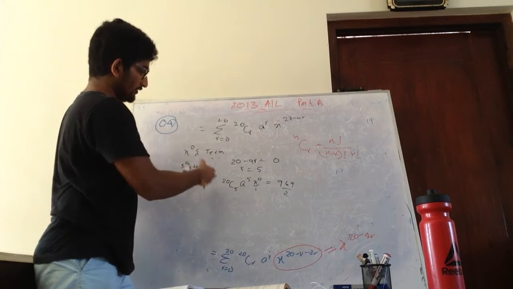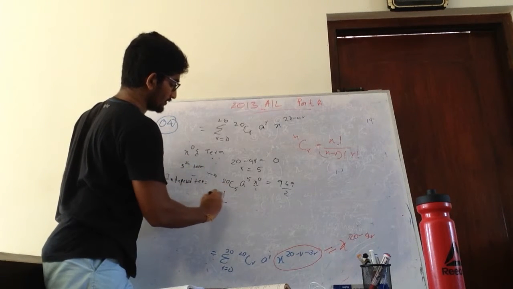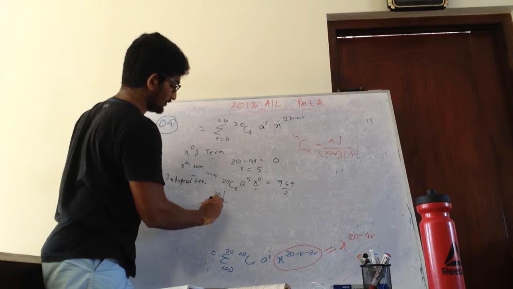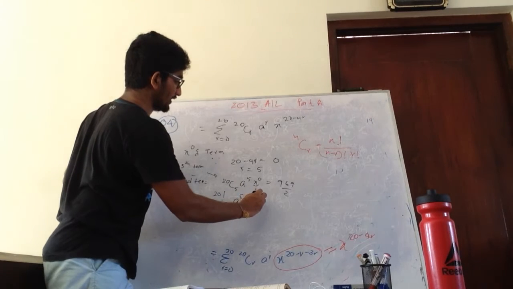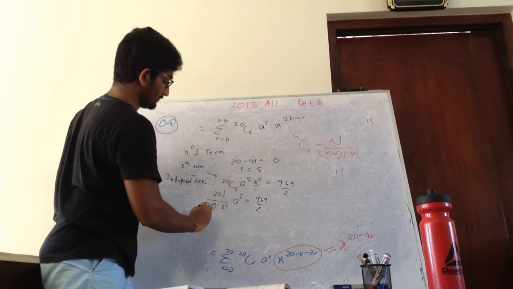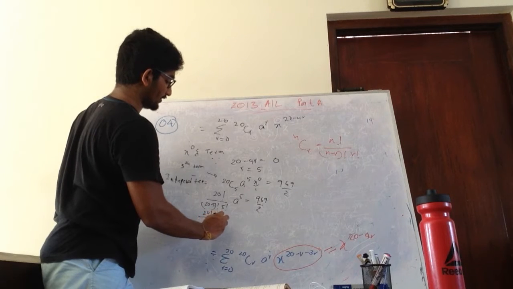So basically we can write this as 20 C 5 is 20 factorial over (20 minus 5) factorial, 5 factorial, A^5 is equal to 969. That means 20 factorial over 15 factorial into 5 factorial.